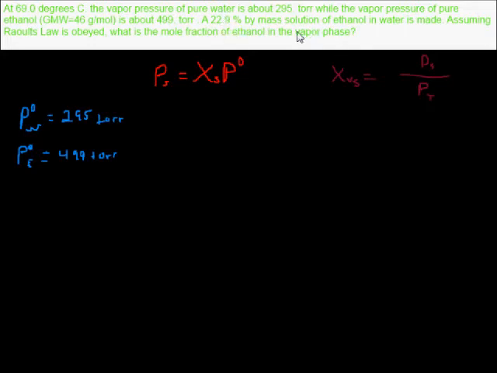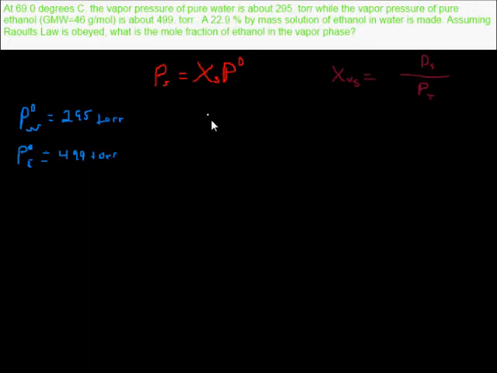So we also have another mass. So, what do we do? First, let's set up an equation. So, I'm assuming what is the mole fraction of ethanol in the vapor phase? So, we know what this is.